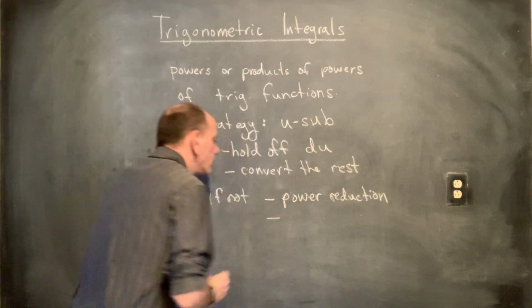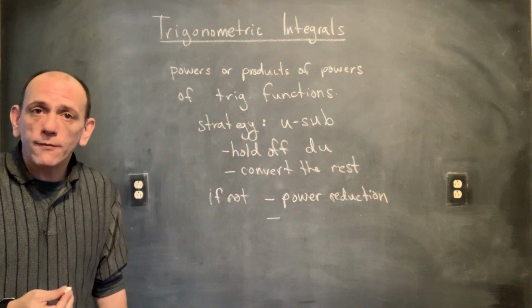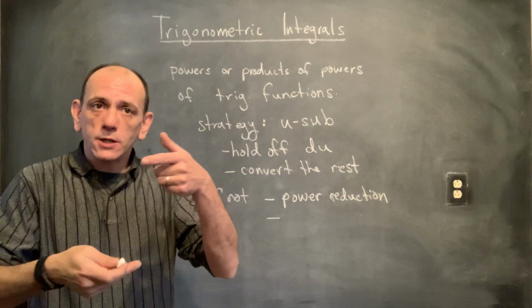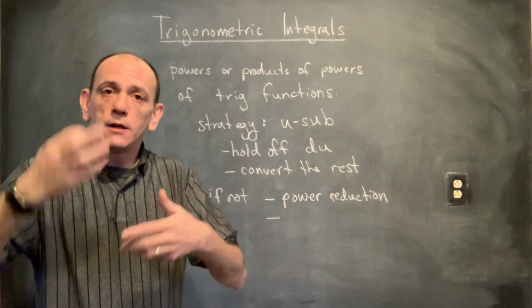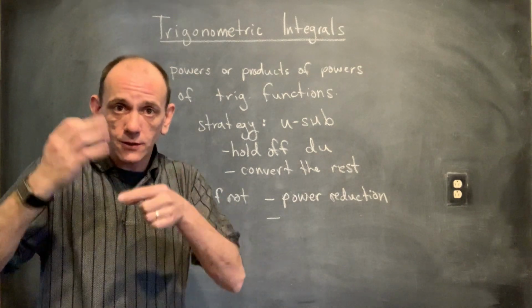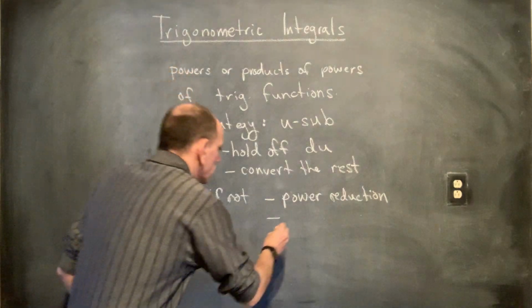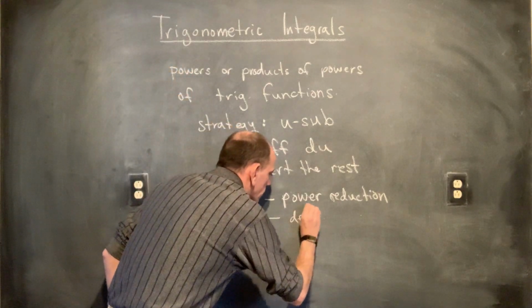Or possibly just go back to the basic definitions, like the cotangent is the cosine over the sine, and those sorts of basic definitions of functions, and see if anything will simplify. So definitions is another strategy.